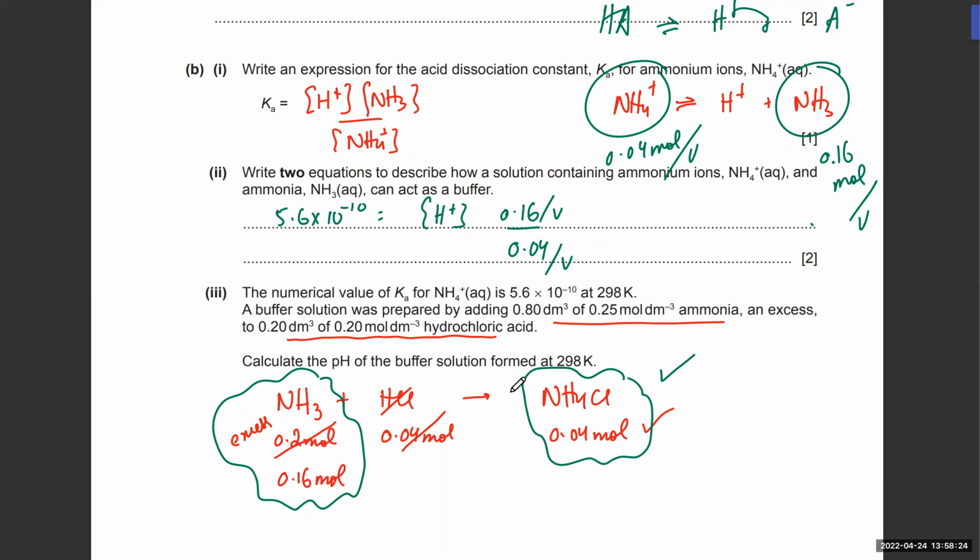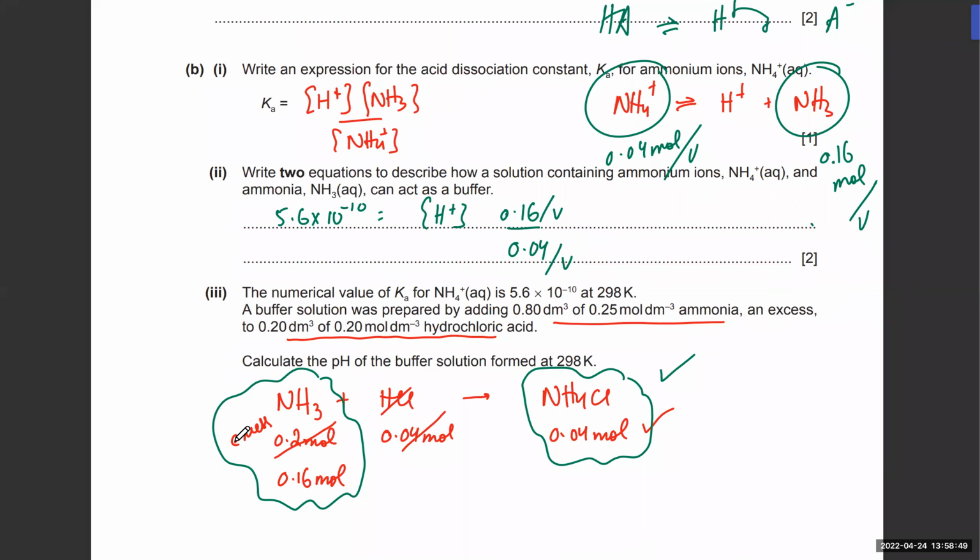NH3 and HCl react karte hain na, they end up producing NH4Cl. So 0.04 moles will react with 0.04 moles of this and it will produce 0.04 moles of NH4Cl. So there's a reaction going on. So in the reaction, 0.04 moles of NH4Cl are going to be produced. And when 0.04 reacts with 0.04, तो पीछे कितना बच जाता है 0.16 moles. So there's a lot of leftover NH3 as well.